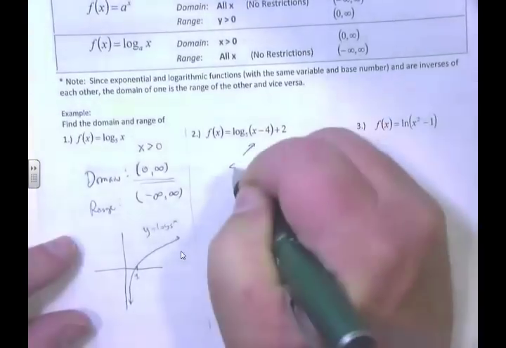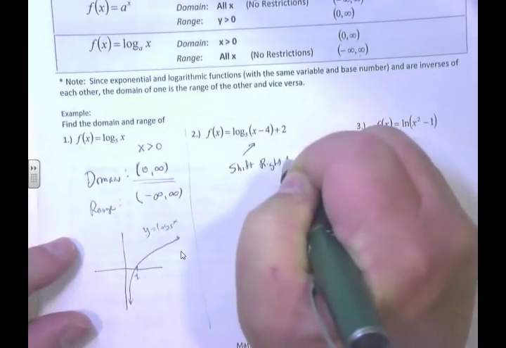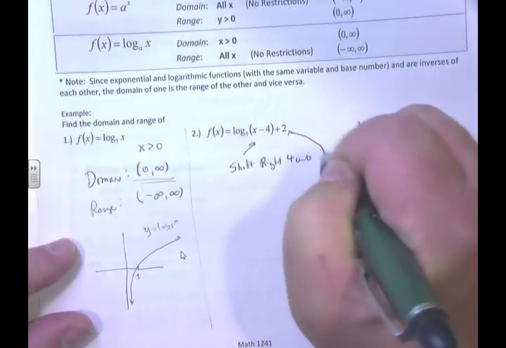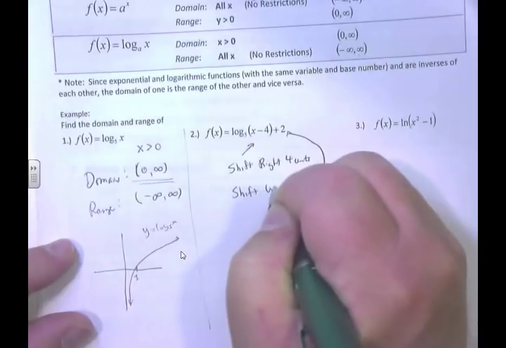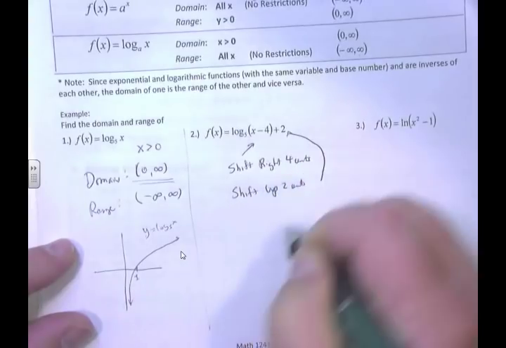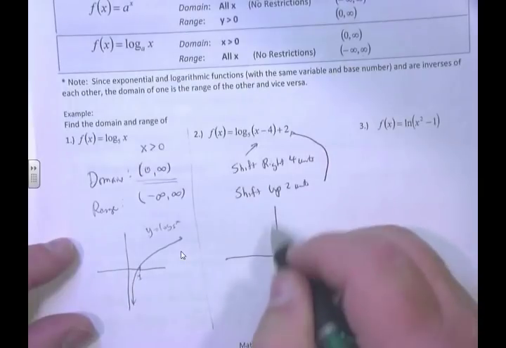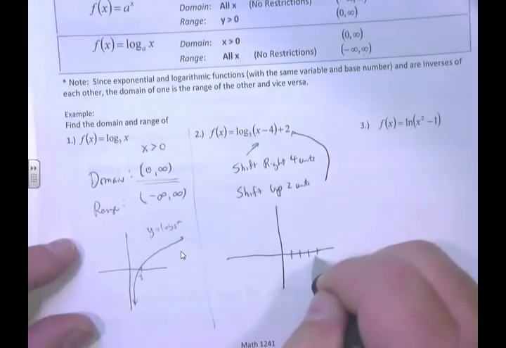All right, so this right here is telling me shift right, in other words. How many units? 4 units. And what is this thing outside telling me? Plus 2. We're going to shift it up 2 units. So what's my picture going to look like? I'm going to take this picture, shift it right 4 units. 1, 2, 3, 4.